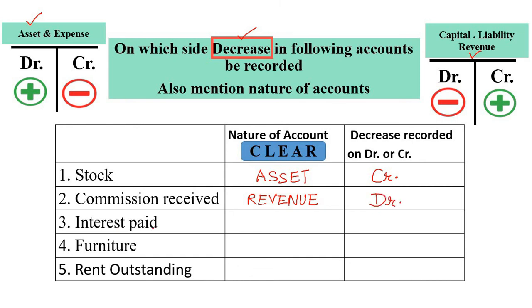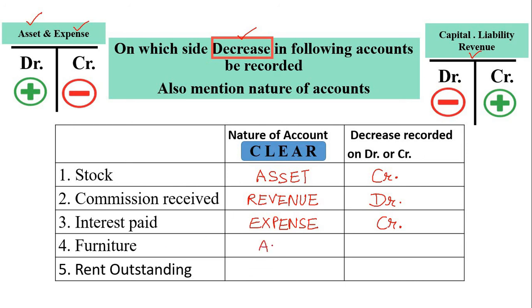Next is interest paid. Interest paid is an expense, and you can see the rule here for the expense. The decrease is credited. Next one is furniture.